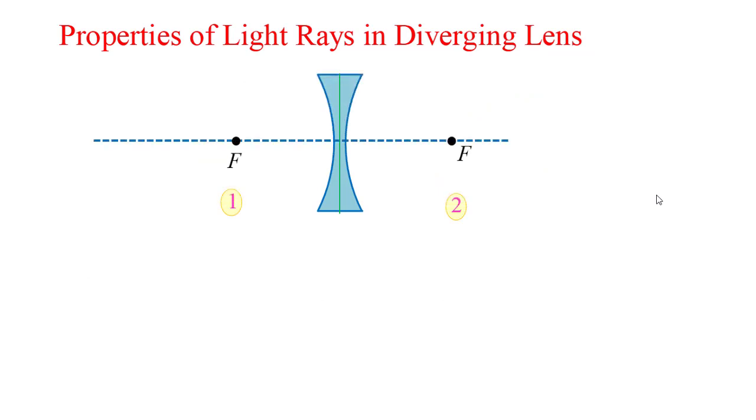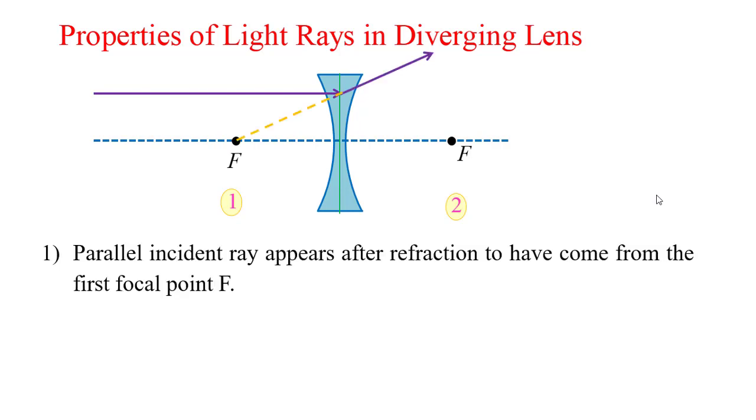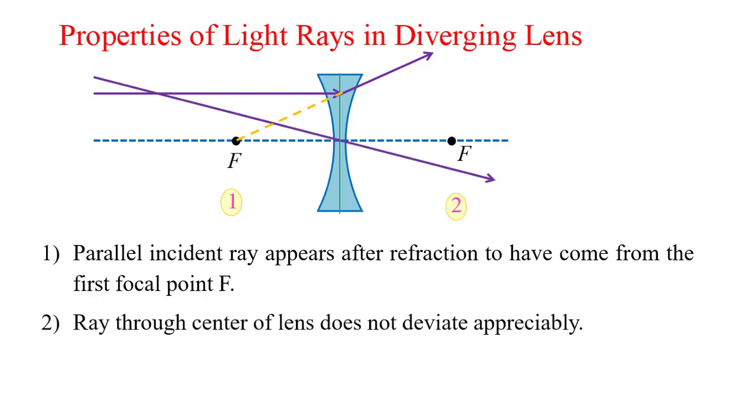Properties of light rays in a diverging lens. This is a diverging lens. Let us call the left focal point 1, and the right focal point 2. This incoming light, which is parallel to the principal axis, is refracted as if it is originally coming from the first focal point F. Secondly, a ray which is through the center of the lens does not deviate appreciably.